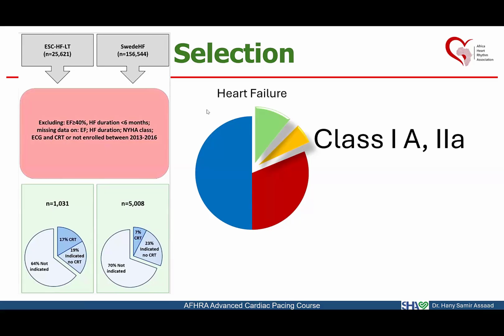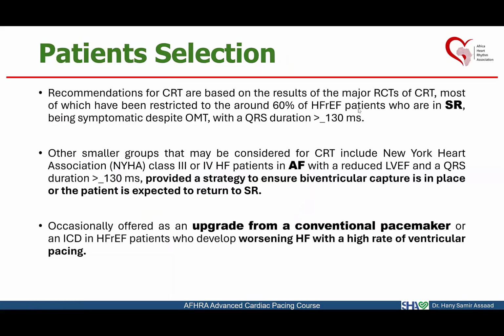So the recommendations for CRT are based on the results of major RCTs and mainly for HFrEF patients, about 60% of patients, who present in sinus rhythm with a QRS of more than 150 milliseconds, and mainly those, as we said, who show left bundle branch block morphology.